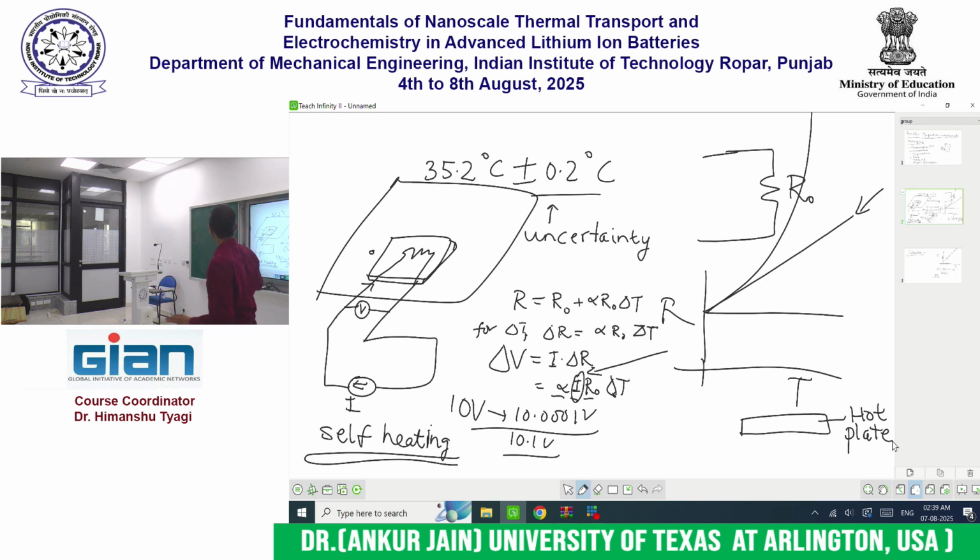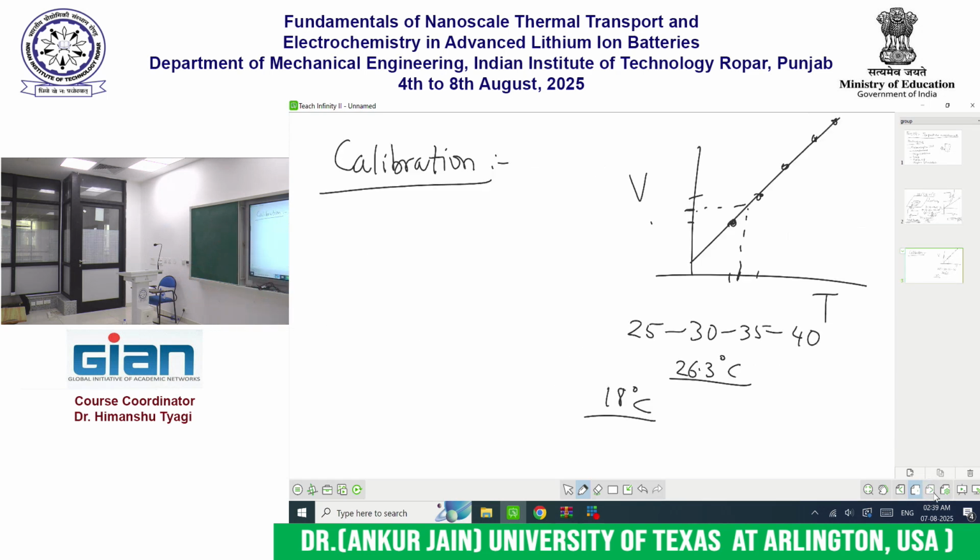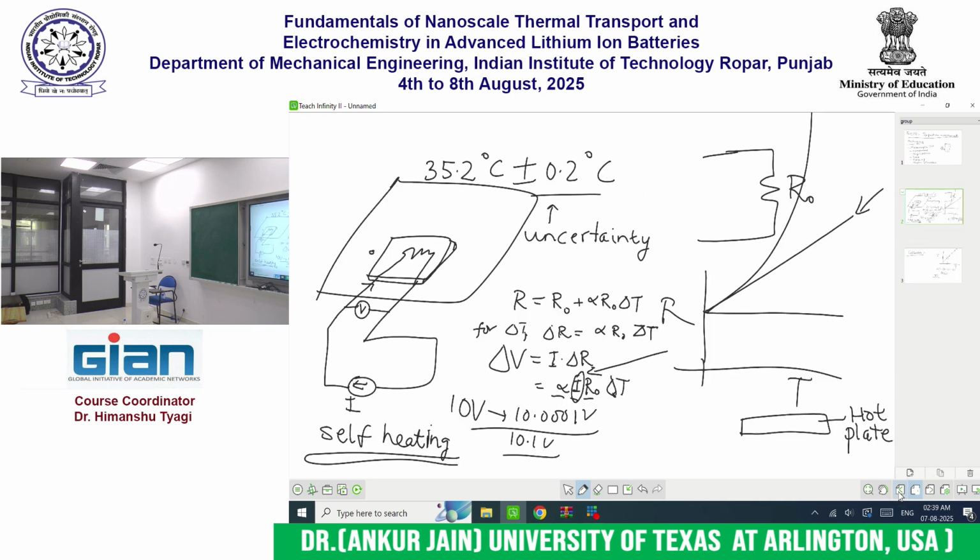Then I will take my sensor, I will stick it to this hot plate, I will set the hot plate at 25, measure the resistance or the voltage, set it at 30, measure the voltage, set it at 35, measure the voltage, and so on, and thus create a calibration curve like this. And then, having created the calibration curve, I can now come here and take my actual measurement.